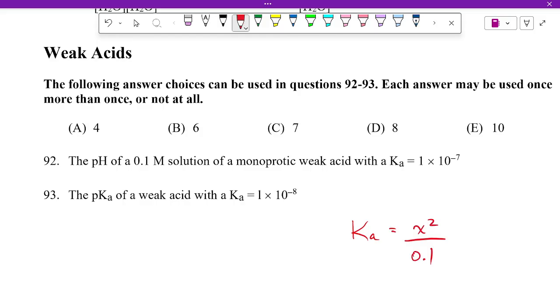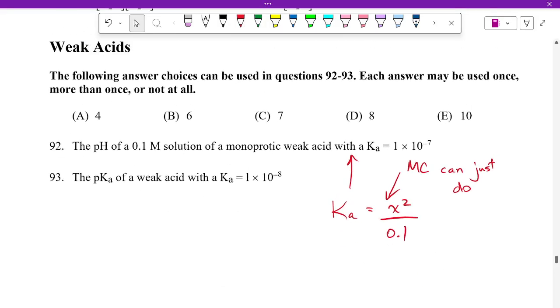Okay? Now, if you cannot see that, if you're like, where, how, what, then do a rice table. Multiple choice, you can just do that.